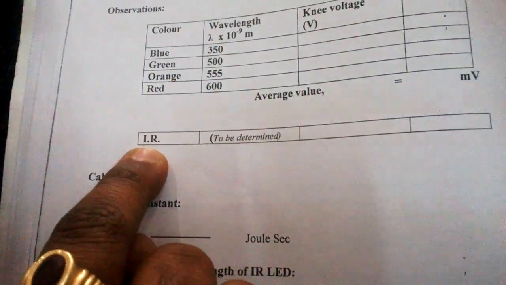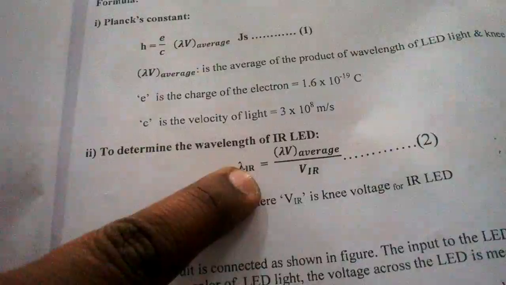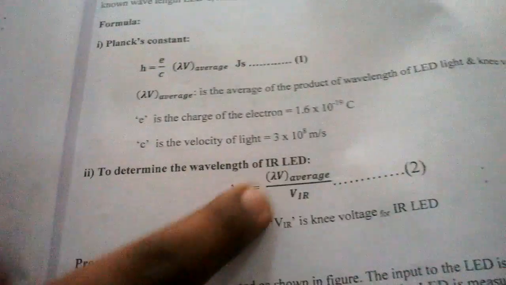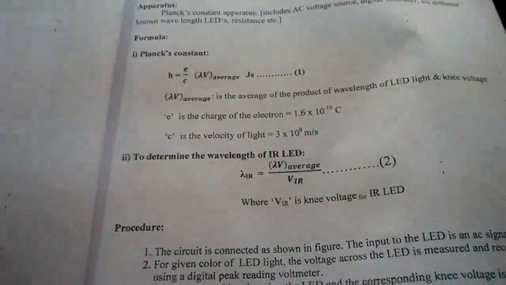Next, in this experiment, we are also going to find the wavelength of IR. IR means infrared. So the wavelength of the infrared is equal to lambda V average divided by the voltage when the IR LED is plugged in the circuit.